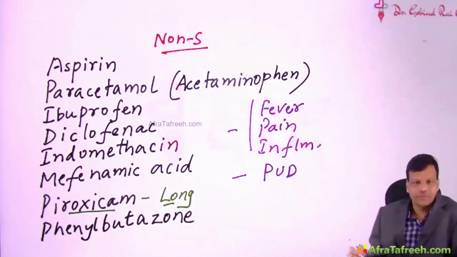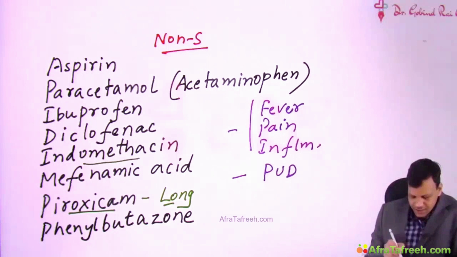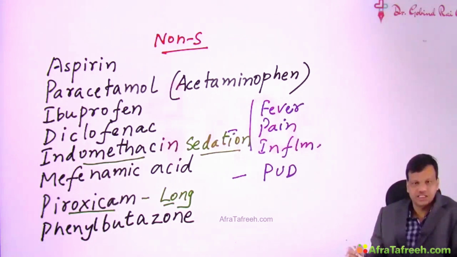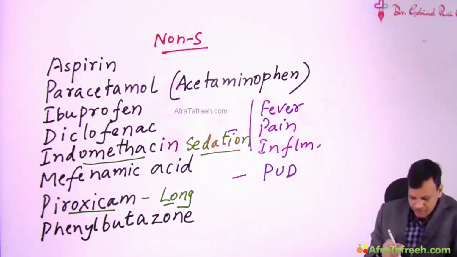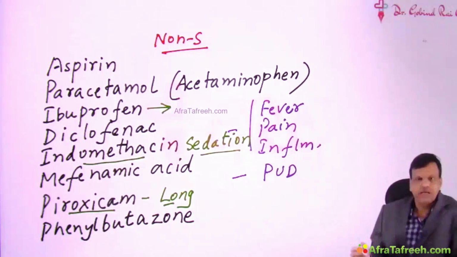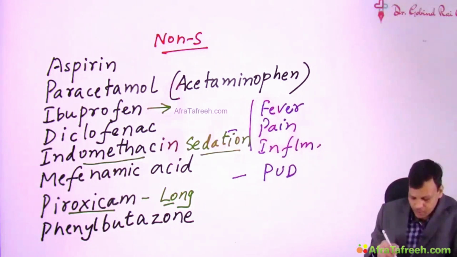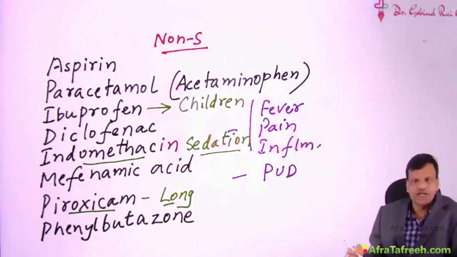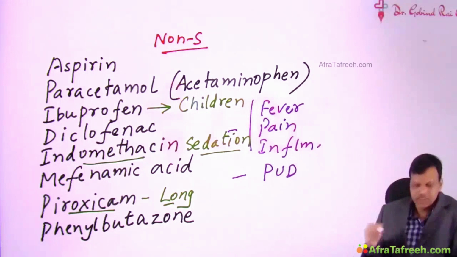Because of enterohepatic cycling, it is utilized again and again, so it is very long-acting. Indomethacin can produce sedation, so it should be avoided in a person requiring constant attention. Ibuprofen is the only anti-inflammatory drug approved in children, so the NSAID of choice in children is ibuprofen.